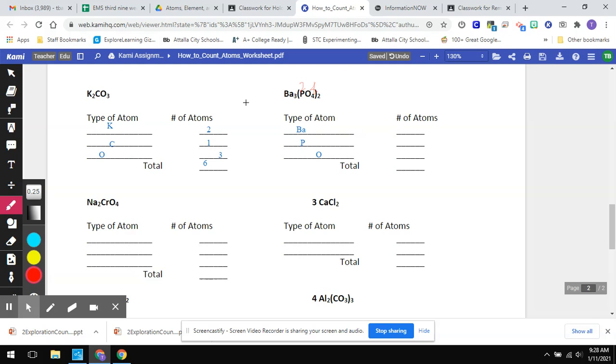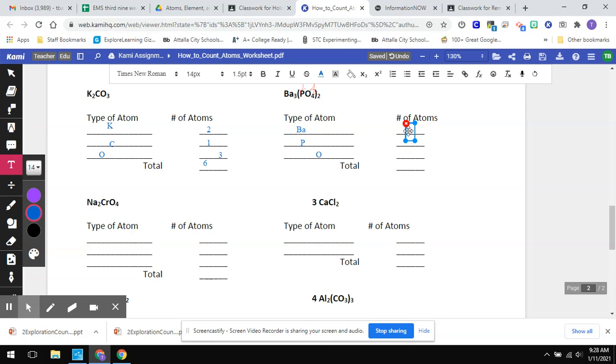Okay. So when we fill out this side over here for the barium, we do have a subscript that follows directly behind it. So we're going to use that subscript. So it has 3. For the phosphorus, it was exterior subscript times interior subscript. So 2 times 1 gave us 2, which I had on top there.